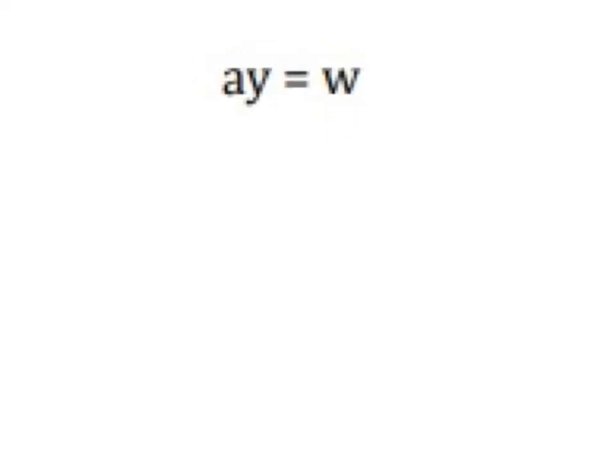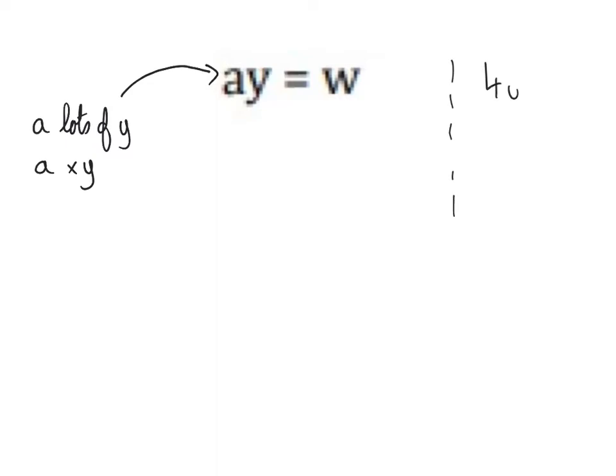Okay, so we've got a lots of y is equal to w. Just a reminder here, this terminology means a lots of y, or a multiplied by y. And in order to solve this equation for y, if we had 4y was equal to w for our solving linear equations, we would divide both sides by 4.